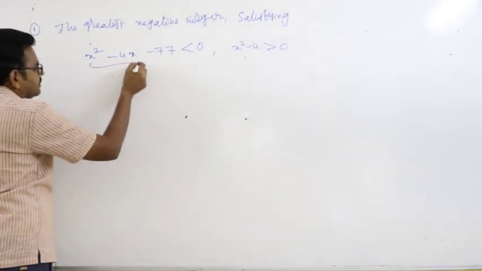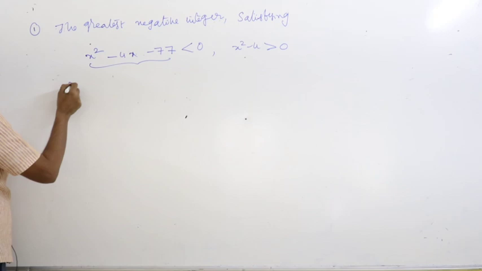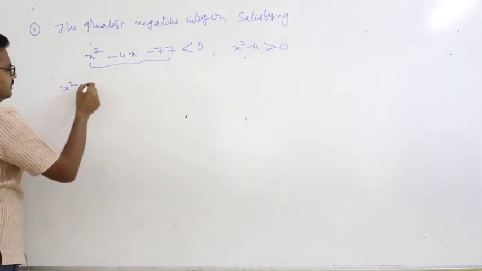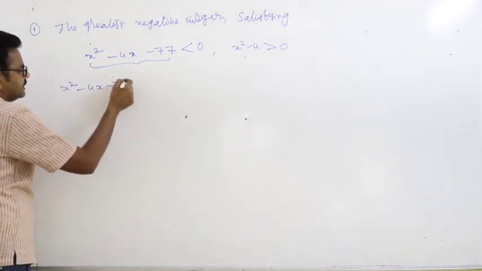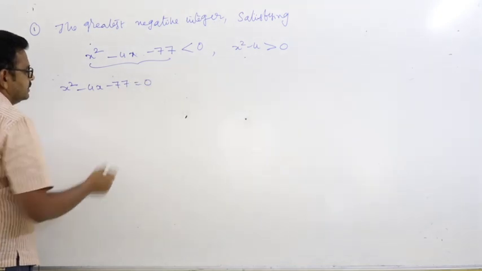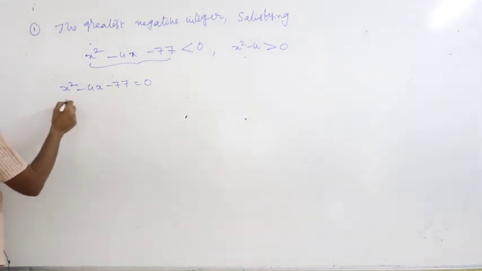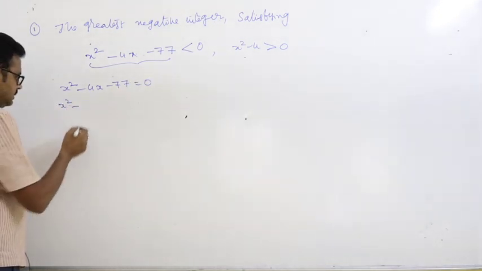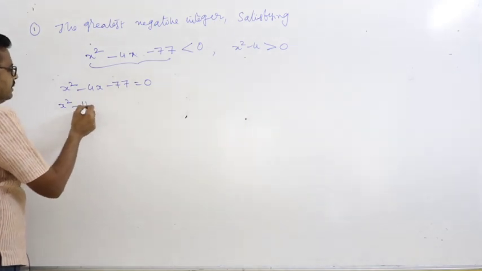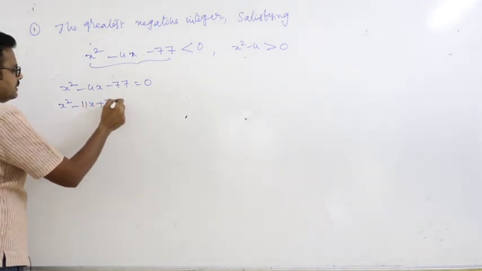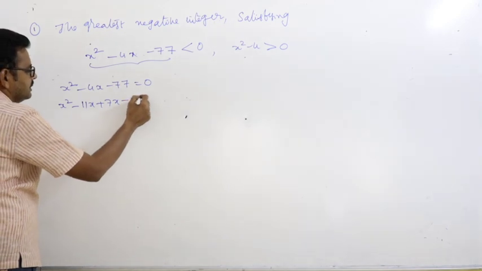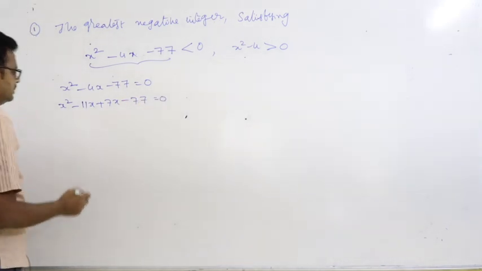First this one, x square minus 4x minus 77 is equal to 0. Factors: x square minus 11x plus 7x minus 77 is equal to 0.